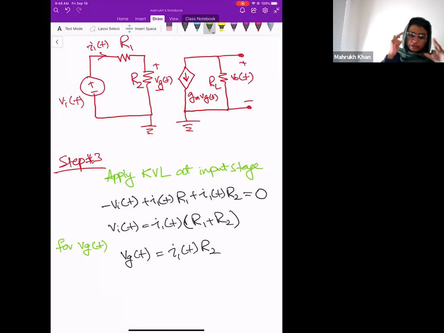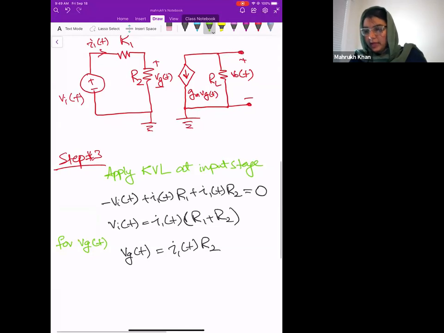Because you should keep the target in mind that we want to have output over input, right? We need to get rid of unknowns as much as possible. If you see three different variables in an equation, we want to get rid of them, right?